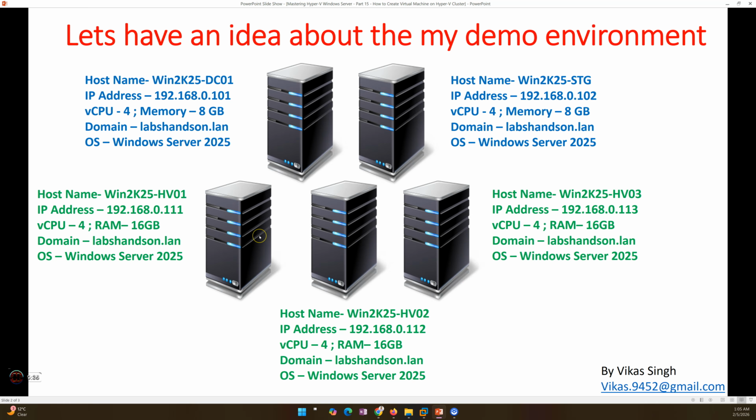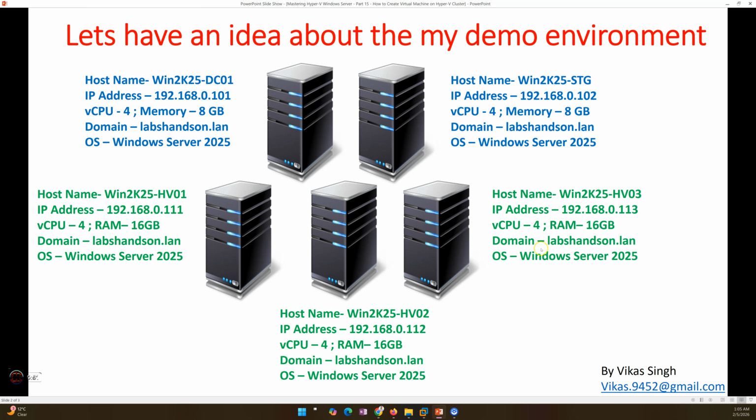I have 5 servers in this demo. One is my domain controller, and the second one is my storage server, which is acting as a target storage server and providing shared LUNs to all 3 Hyper-V hosts.